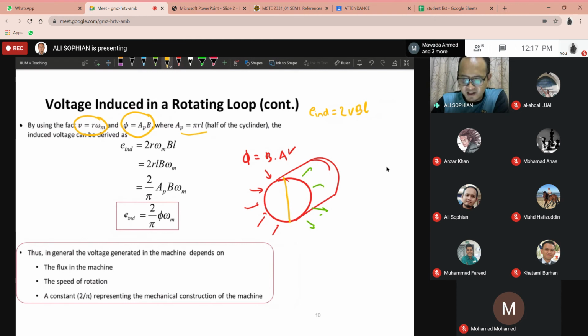So what we need to find for this cross-section area is the area of half of the cylinder. I hope that still makes sense. You can imagine a cylinder and just half of it. So half of the cylinder maybe looks like this.